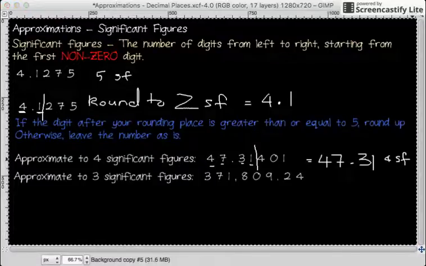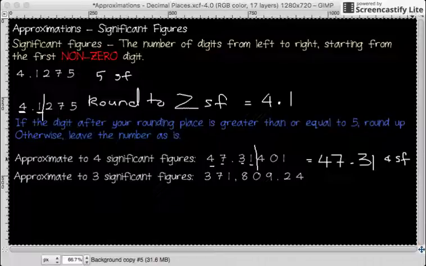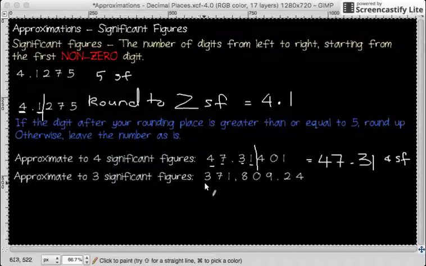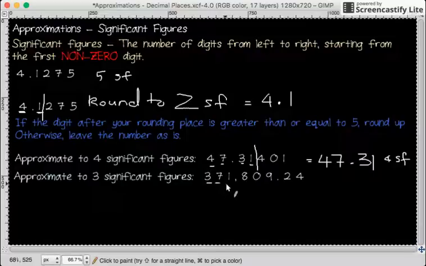Okay, getting the idea? Let's do a couple more. Let's try this number to 3 significant figures. So let's start counting again. Start with the 3, because that's the first non-zero. 1, 2, 3. We said 3 significant figures, so we're going to cut off right here.